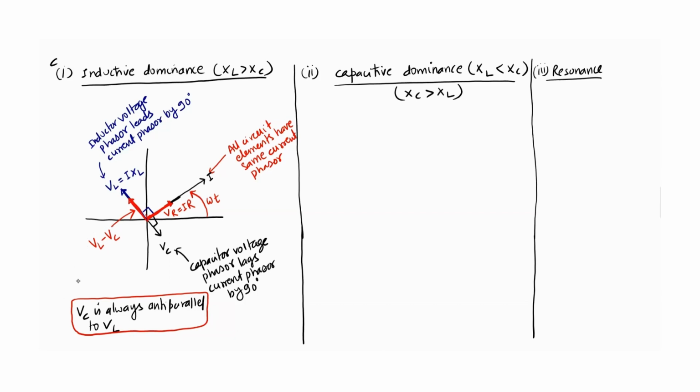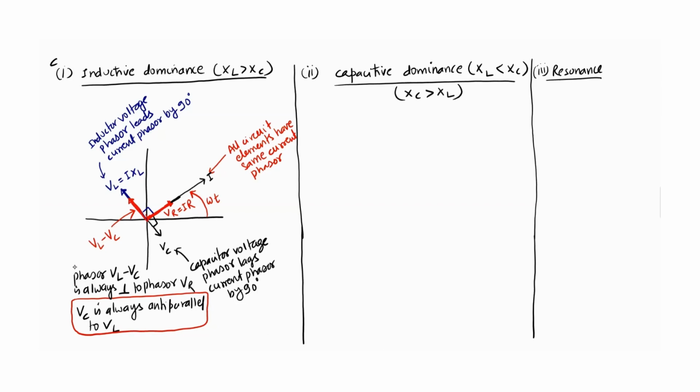So next I'm writing, symbolically, that phasor VL minus VC is always perpendicular to phasor VR.